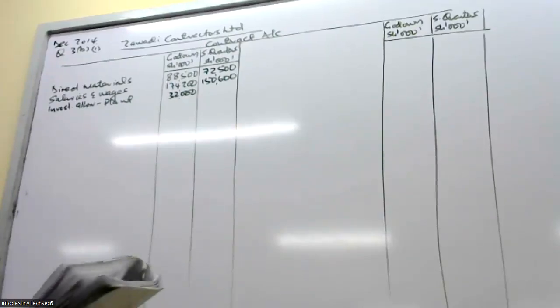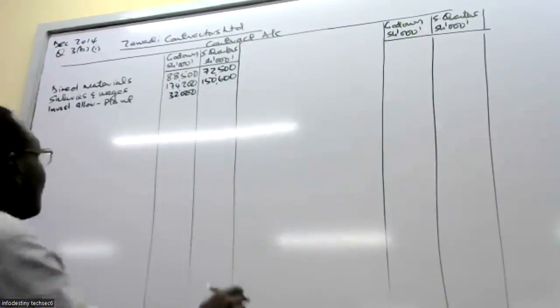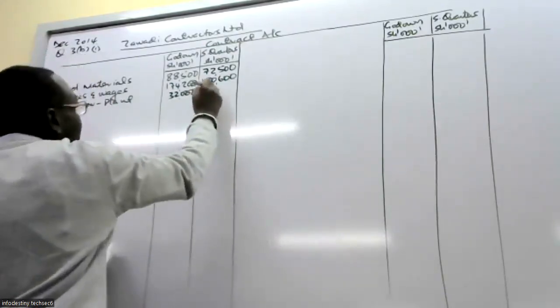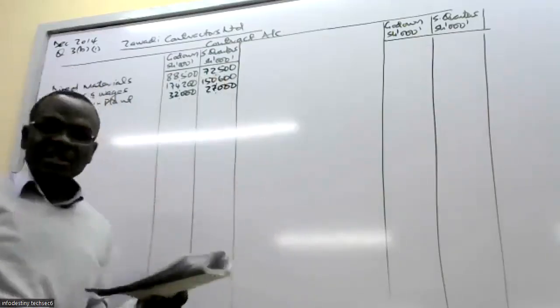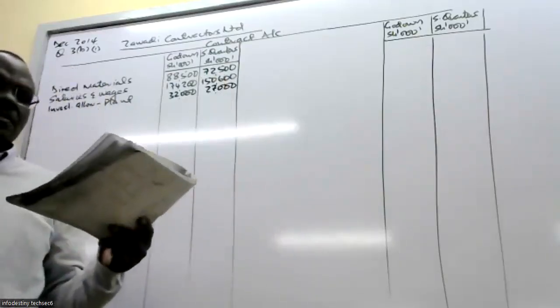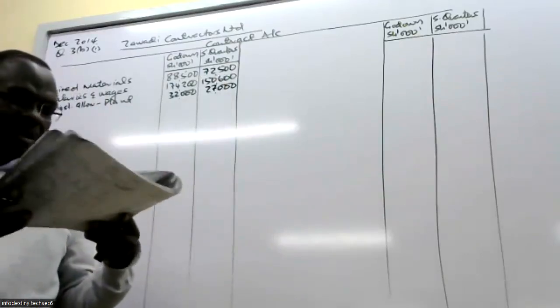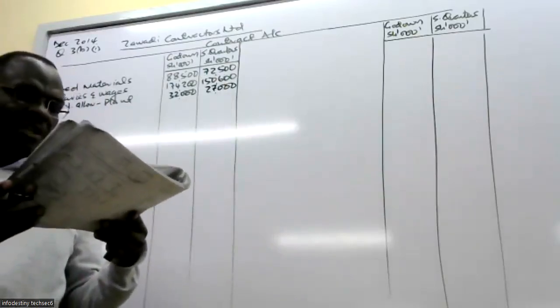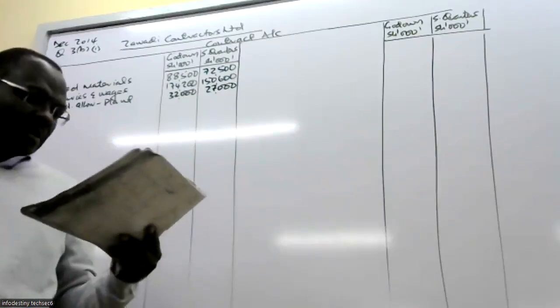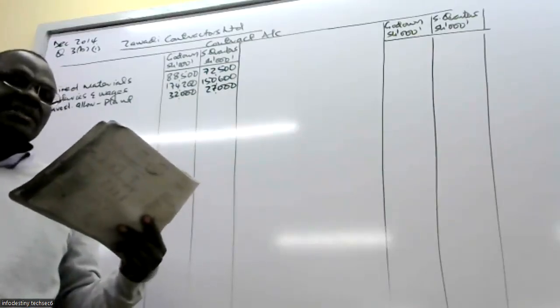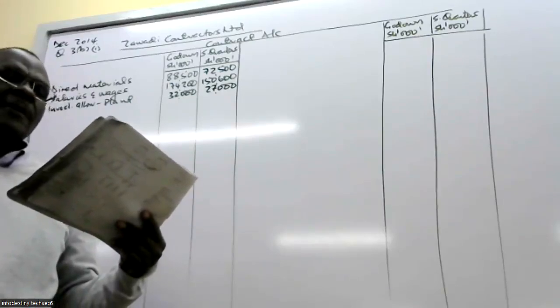So that's a total of 270,000. 10% will be 27,000. 10% is the rate for investment allowance for other machinery. We don't need cost of work done and cost of work certified right now, we'll need them later. We go to transactions during the year.